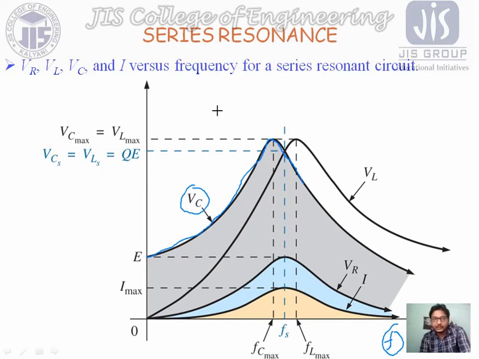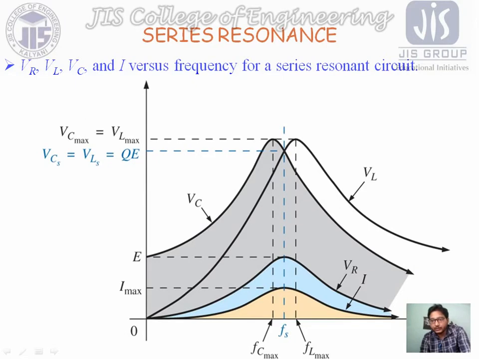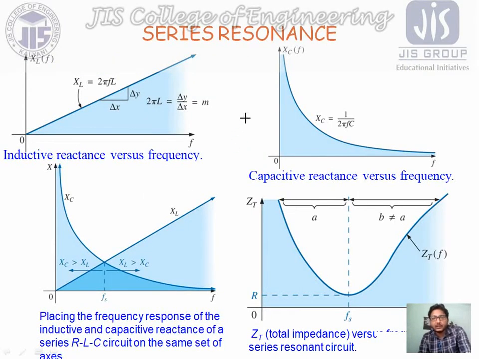Okay, so normally, if we want to calculate this voltage, we can simply go for the normal calculation. We know in our equation the overall impedance was R plus jXL minus jXC, that is the overall impedance of the circuit.